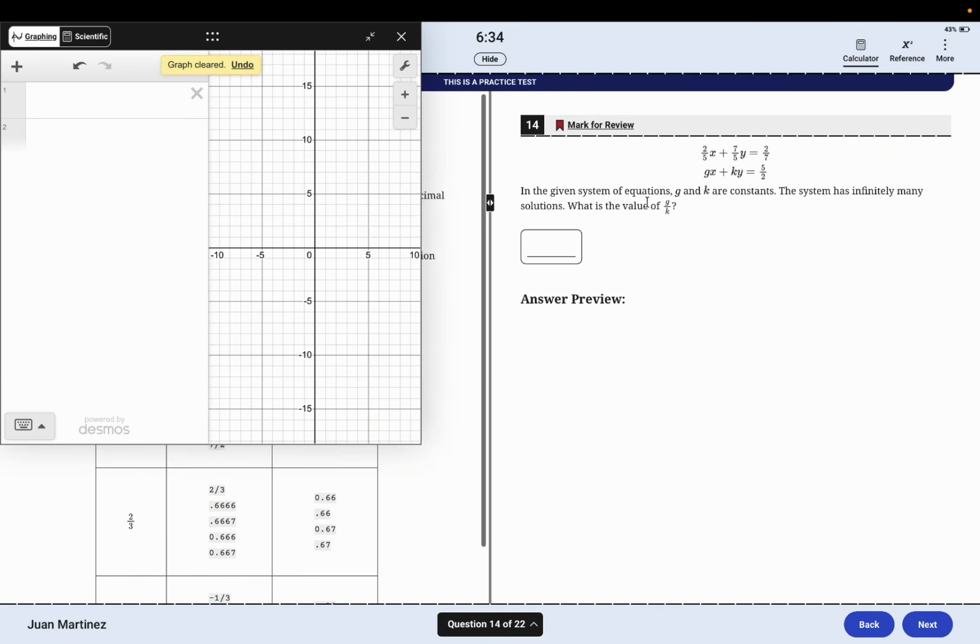Okay, so this one I have to rewrite, so that's kind of why I rushed it, but it's not a hard question. So let me just rewrite it here in my notebook.